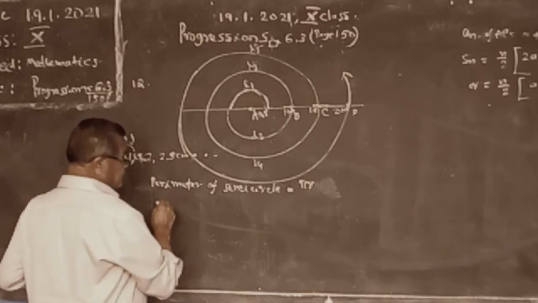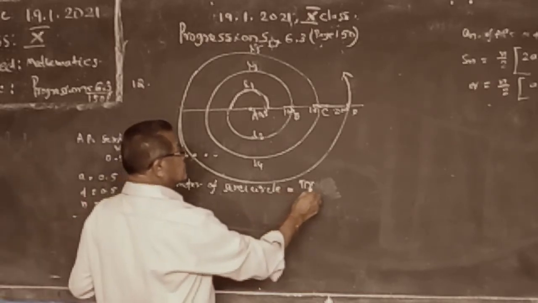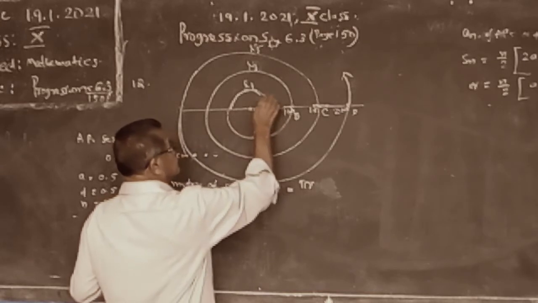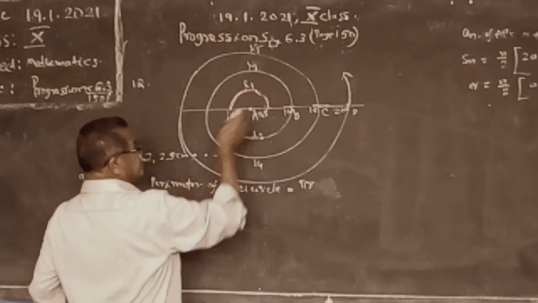And the sum of the perimeters: this is the pi r, only this. We need not add d.